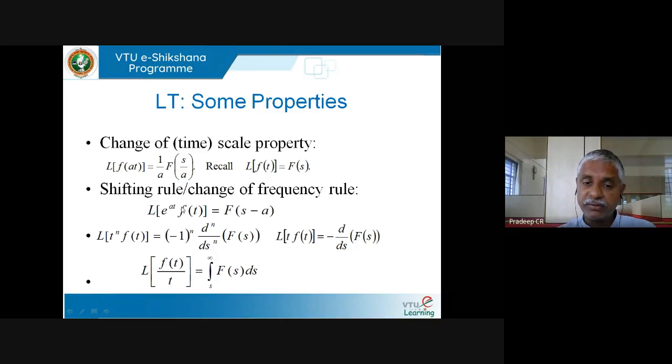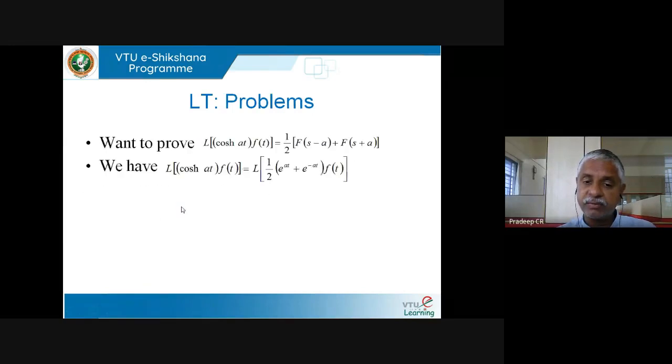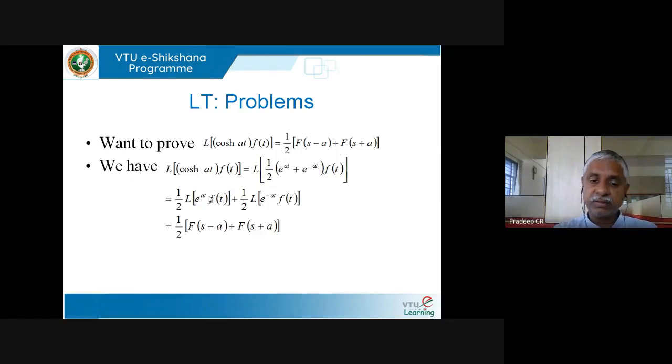So that is what we are using here. If I know Laplace of f(t), which I know because I have given it as capital F of s, then I know Laplace of e power at f(t). So that means this is nothing but capital F of (s minus a). This is actually directly that formula which I told is very important. Nothing else to do.